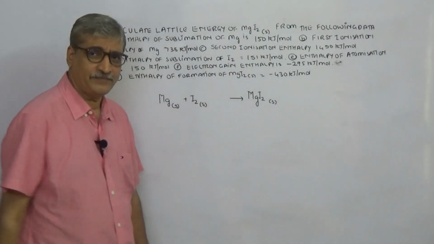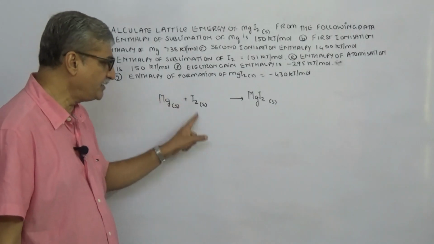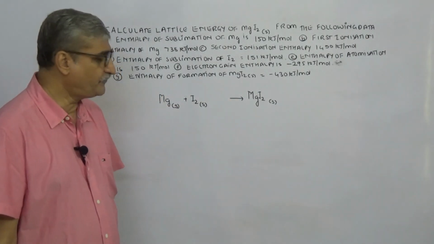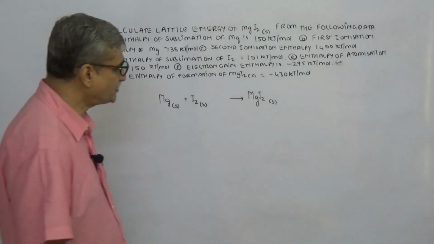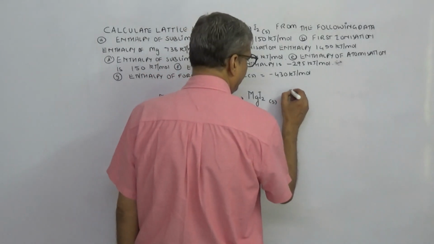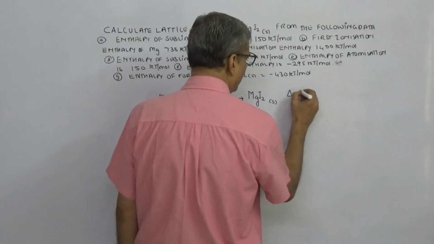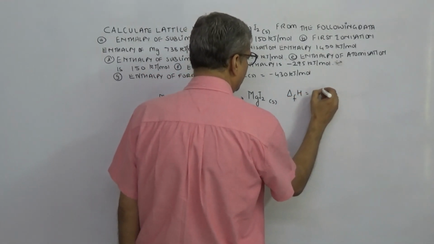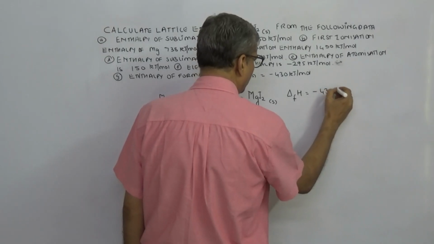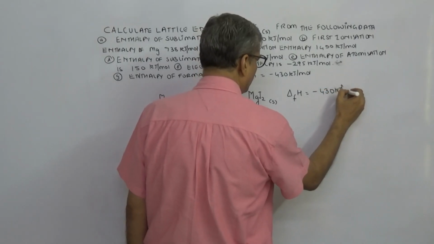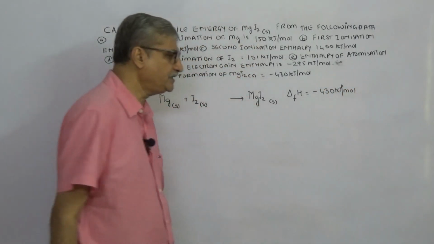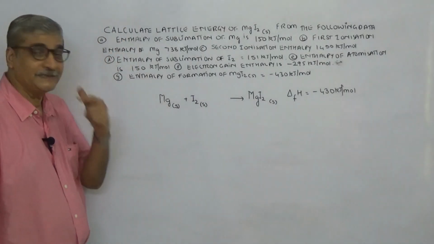So at room temperature, magnesium is a solid, iodine is a solid, and it forms magnesium iodide solid, 1 mole. And this delta formation H is minus 430 kilojoule per mole.